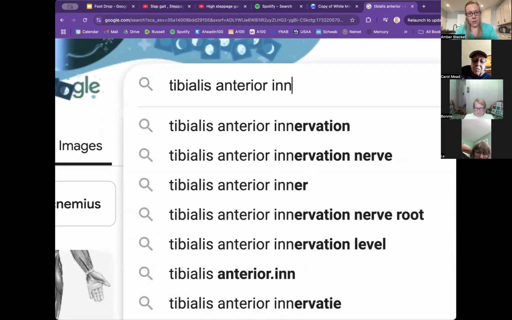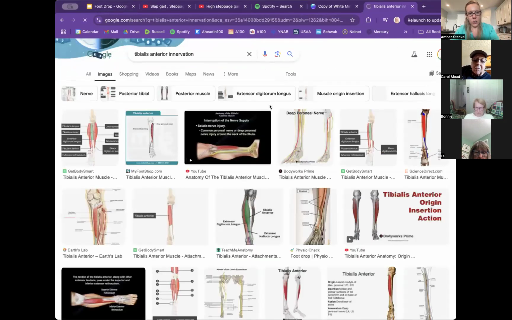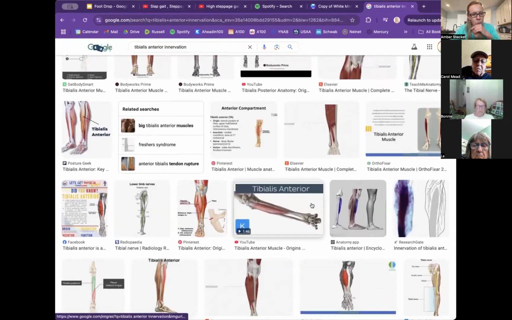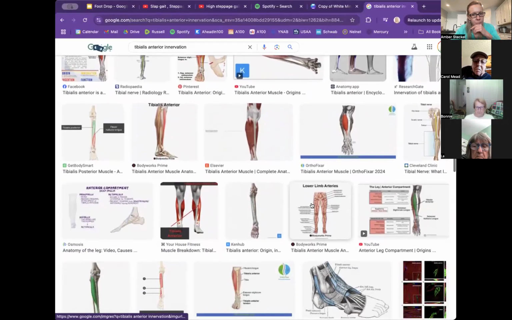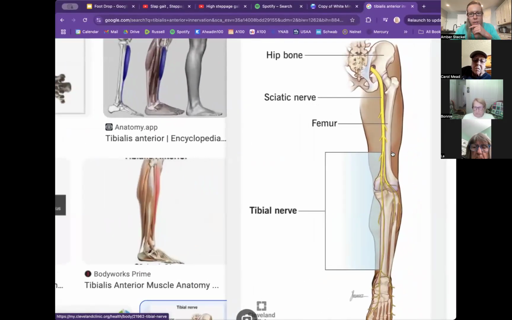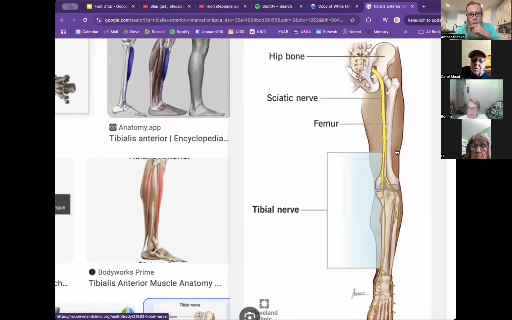It's also kind of cool, and this will be a good image, to look at the innervation. This is a good one. So this is looking at the back of the leg. There's a big sacral plexus, which is where all of the nerves come out.